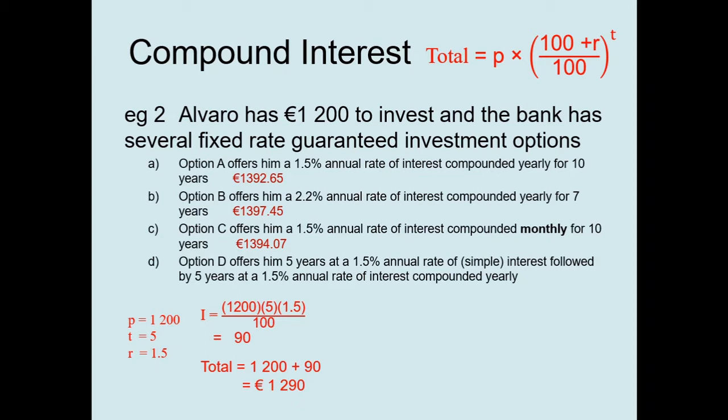Now our principal amount is 1,290 because we're starting this second part of our investment with 1,290 euros to invest. The time that we're investing for is another 5 years, and the rate is 1.5%. But this time, we're setting up the formula for compound interest. So we are increasing our 1,290 euros by 1.5% repeatedly for 5 years.